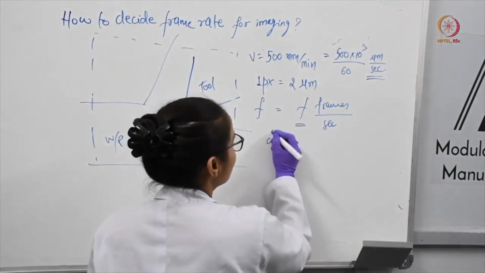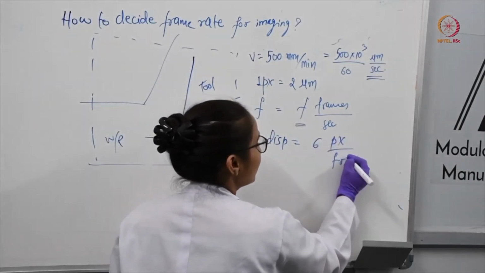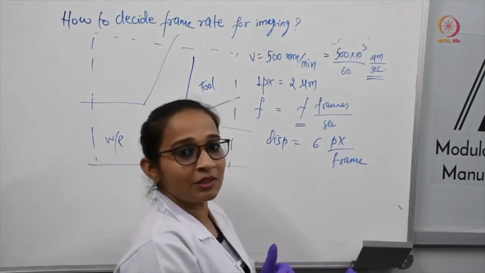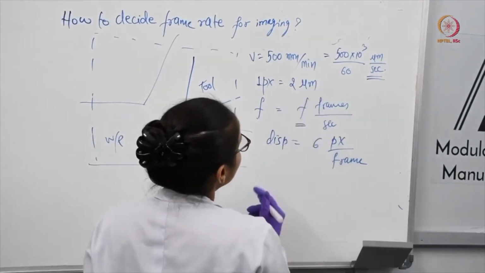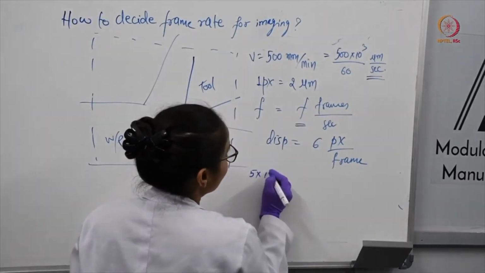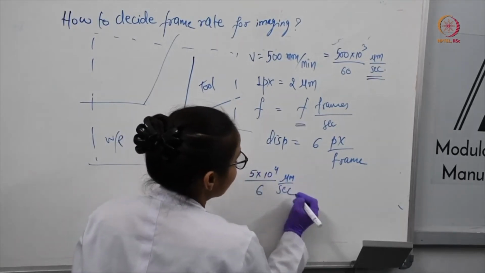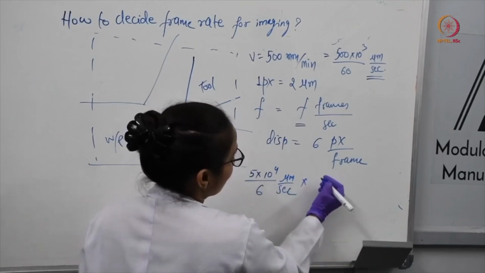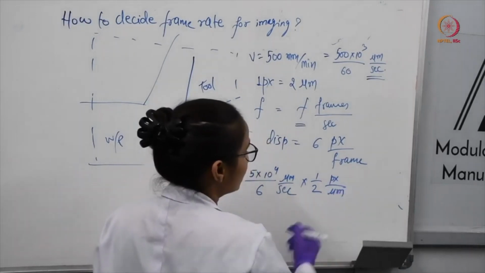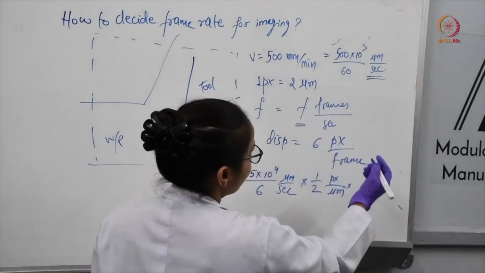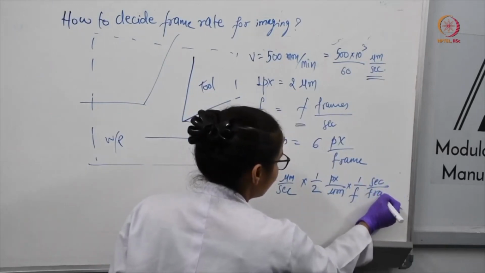Let's say our displacement limit is 6 pixels per frame. That means we don't want displacement more than 6 pixels in between two frames. So we have 5 into 10 to the power 4 by 6 microns per second, into 1 by 2 pixels per micron, into 1 by f seconds per frame.